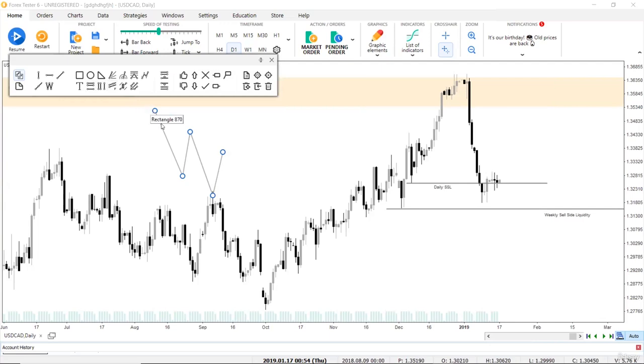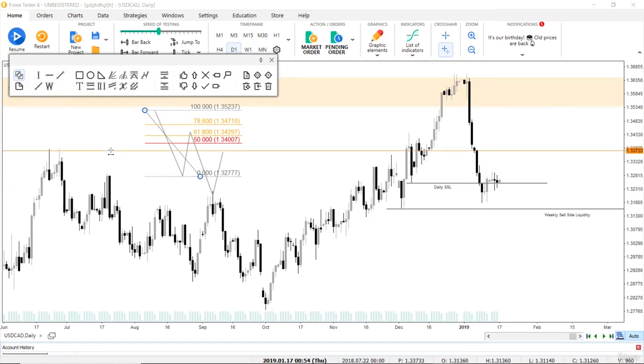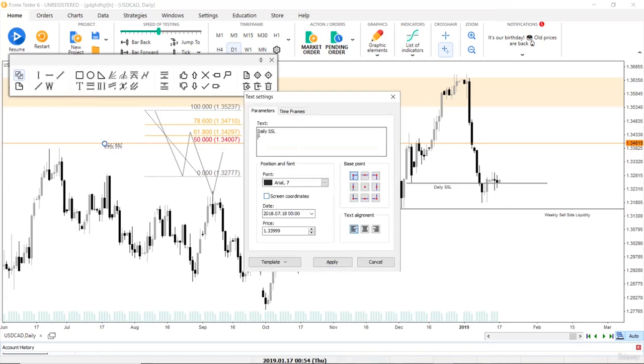So in this push right here, you can divide it into two areas, and that is the premium and the discount areas, right? The 50% of that is called the equilibrium.